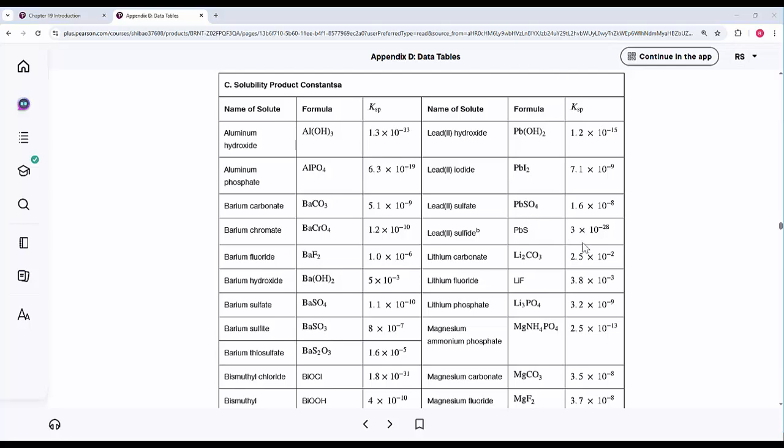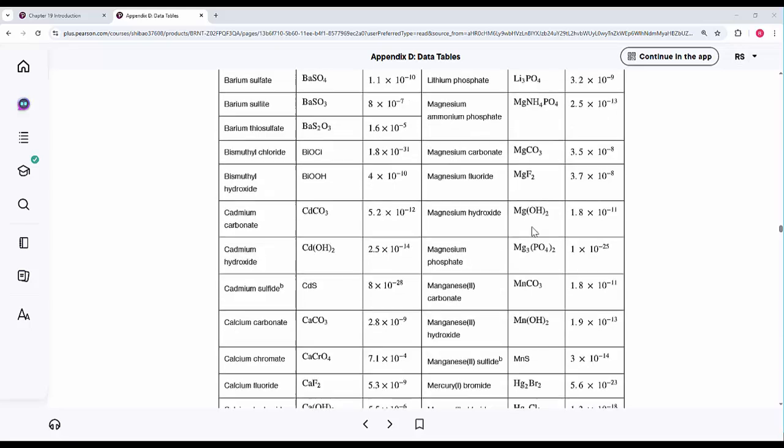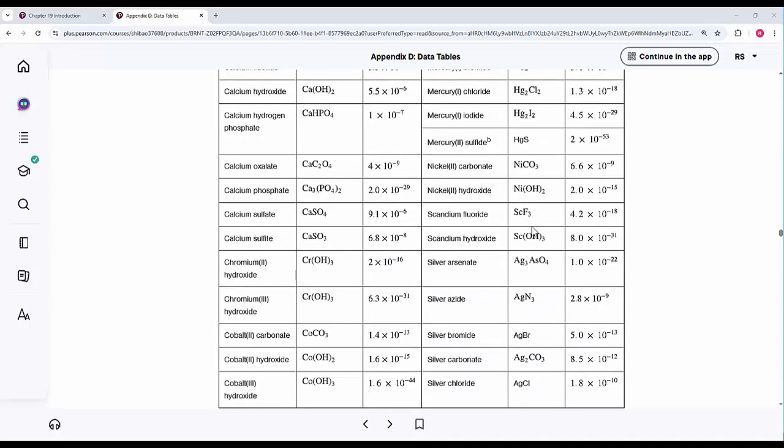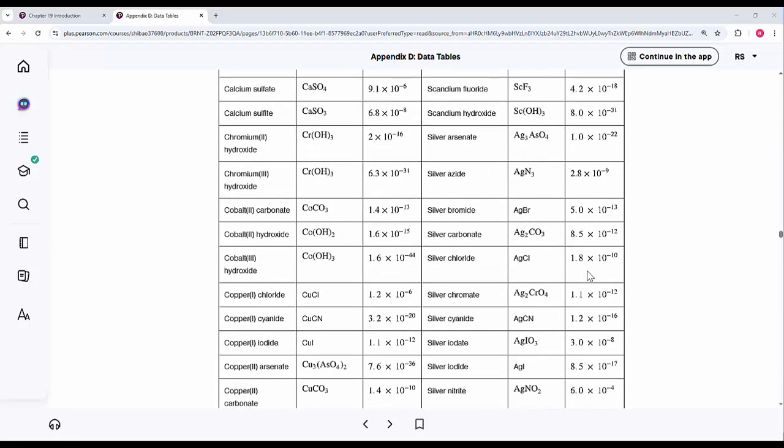So the smaller the Ksp value, the lower the solubility, but it's a little more complicated because it also depends on how the ions split. For silver chloride, the solubility was equal to the square root of the Ksp value. But for other insoluble solids, the way it splits up is different.